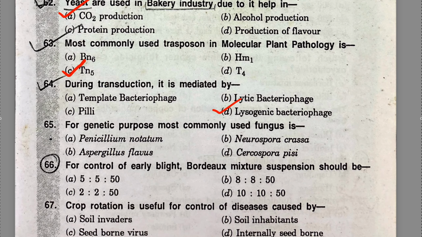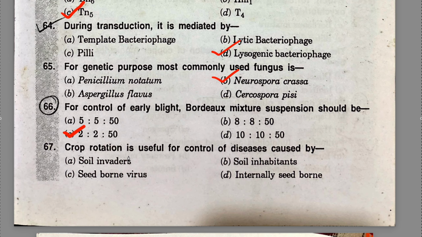For control of early blight, Bordeaux mixture suspension should be 5:5:50, 8:8:50, 2:2:50, or 10:10:50. This is 2:2:50.